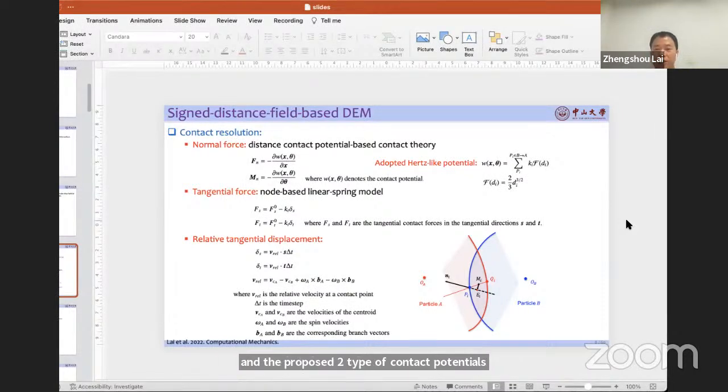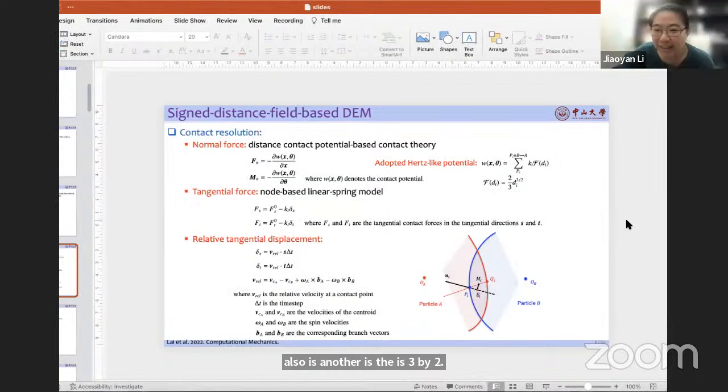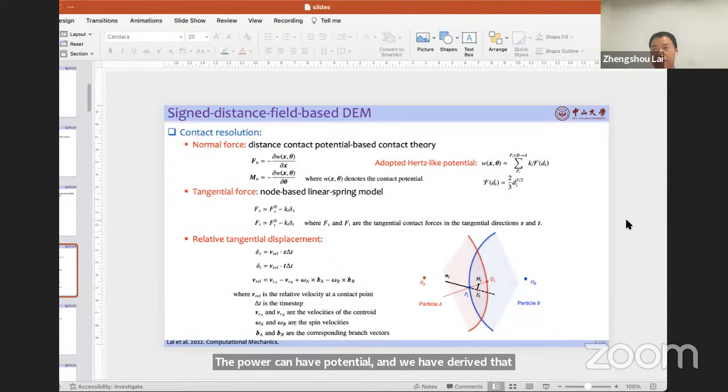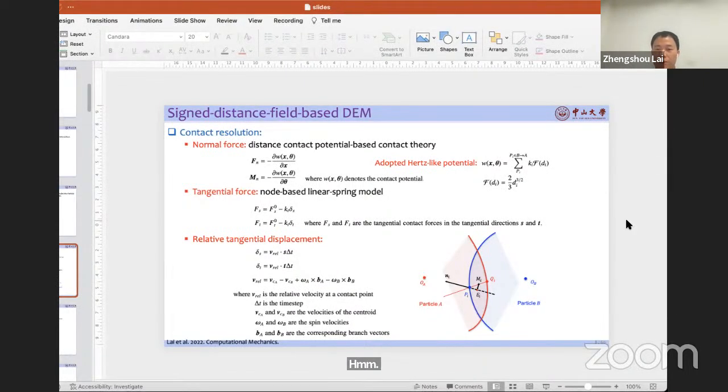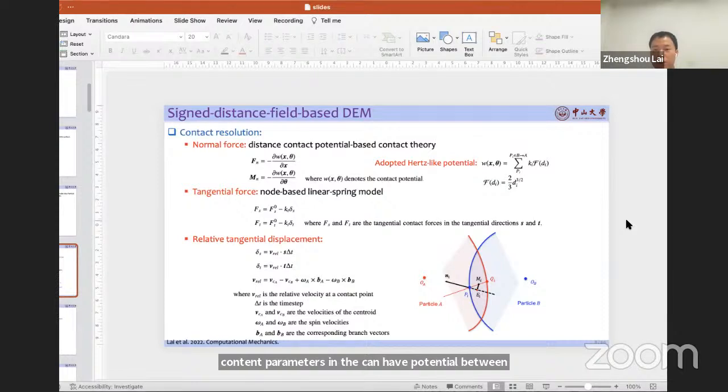One is called the linear contact potential, and the other is the 3/2 power contact potential. We have derived that these two types of contact potential can be similar to the conventional contact models, and we have established a relationship between the contact parameters in the contact potential and the coefficients in the conventional contact models.